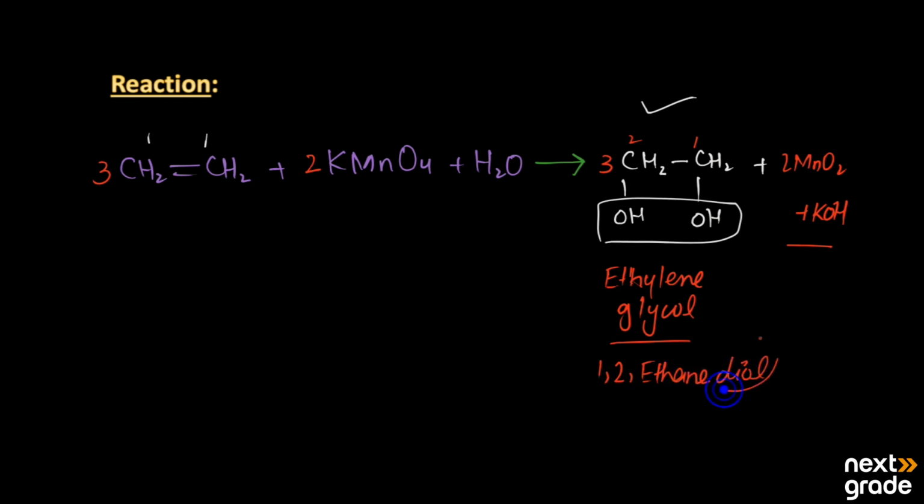Diol means there are two hydroxyl groups present, so we have added one at each of their positions. So this is the main product that is formed as a result of oxidation of the alkenes with KMnO4, and these are the side products that are produced as a result of this reaction.